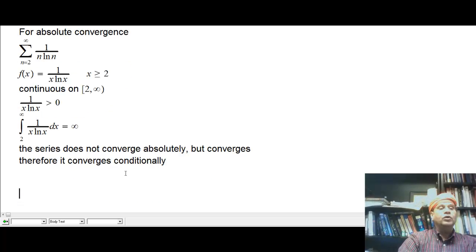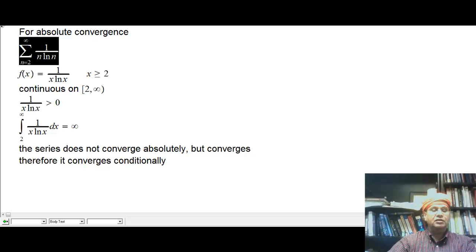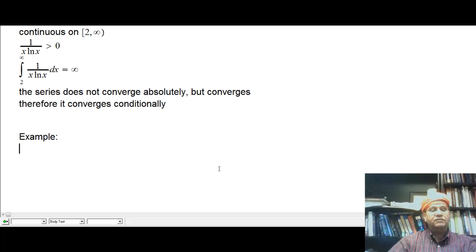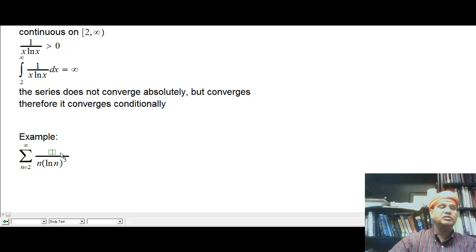Okay, good. Now see, let's take another example. Say my series was this, with the log cubed in the denominator, and this is an alternating series.